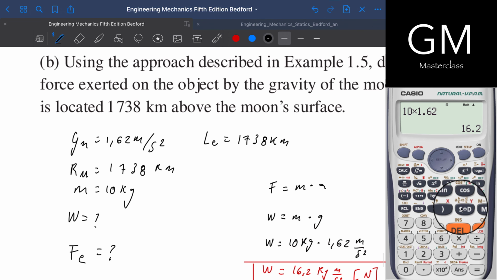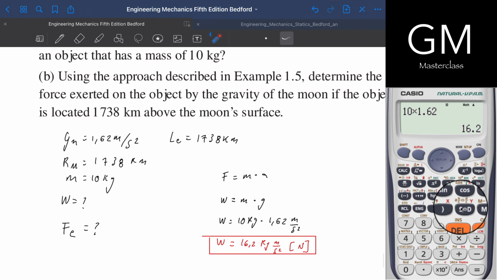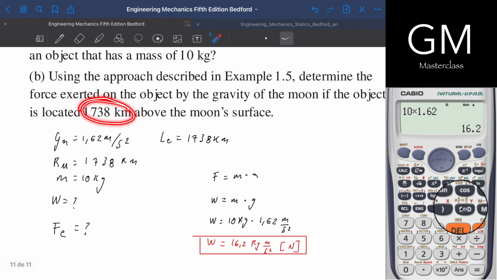Why is that? Because this is telling me that this same length is going to be applied to the distance between the object and the center of the moon.